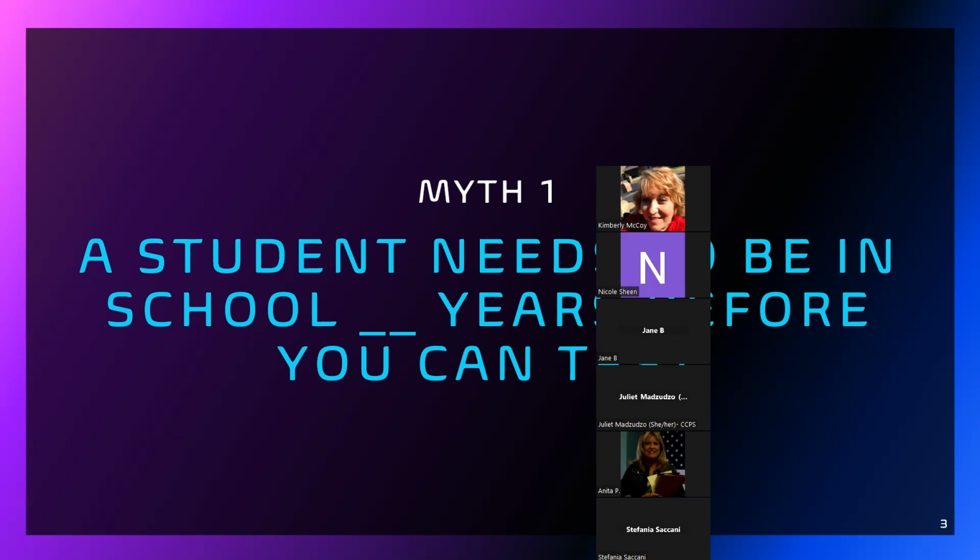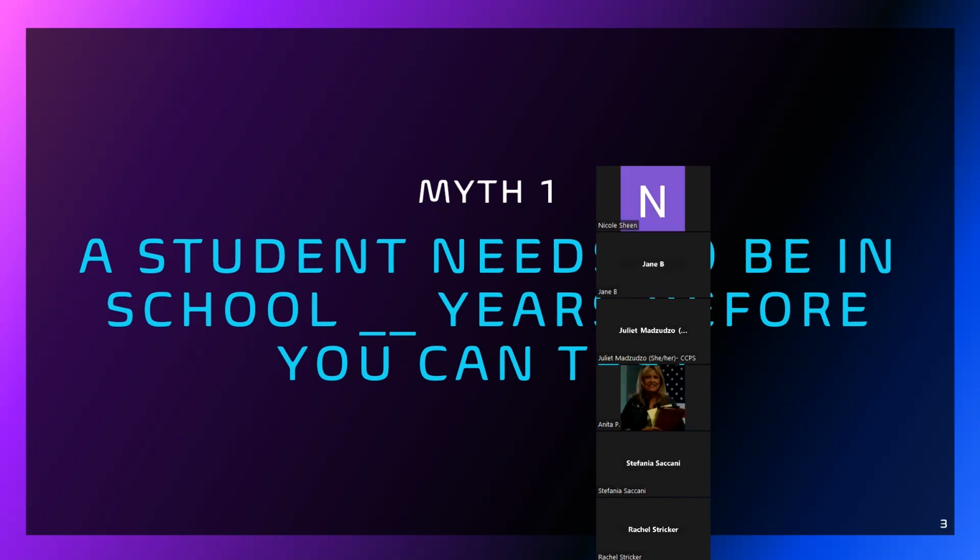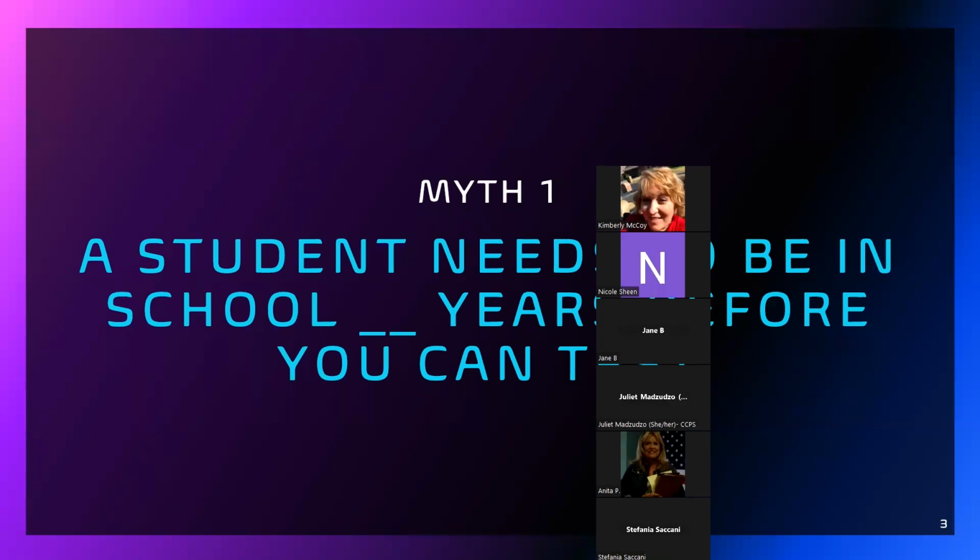And so we want to spend some time talking about those myths and misconceptions because they get in the way of the real work, which is knowing what is normal progress, when something's off, what can we do to address it before we get to special education, and then when is it absolutely necessary.